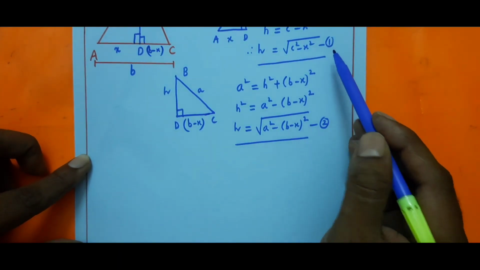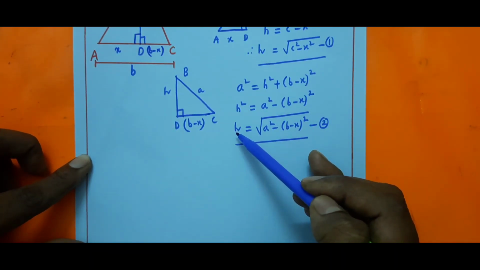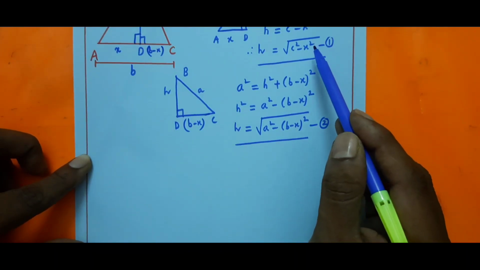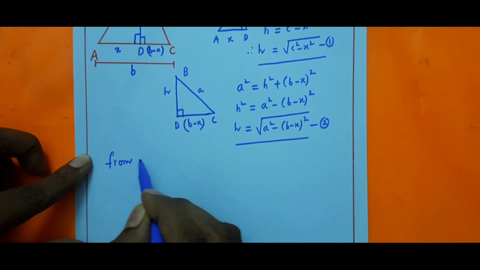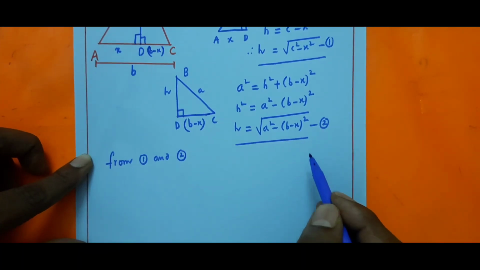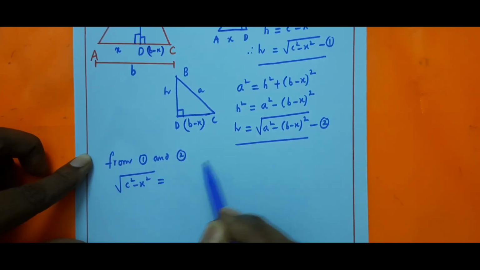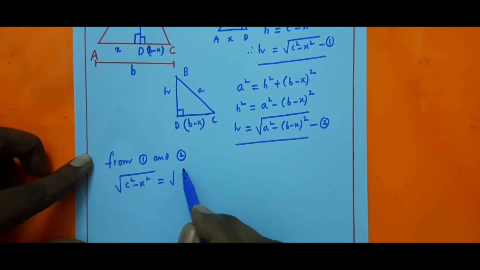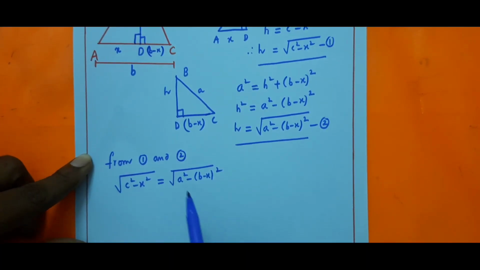Now, from 1 and 2, if you observe, their left hand sides are equal. Then obviously we can equate their right hand sides also. So I can write from 1 and 2 their right hand sides. In the first equation, root of c square minus x square is equal to, in the second equation, the right side is root of a square minus (b minus x) whole square.